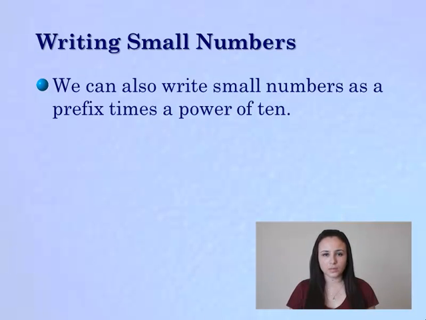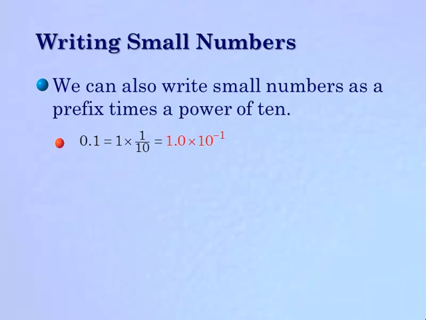Now, we can also write very small numbers in scientific notation as a prefix times the power of 10. So 0.1 is the same as 1 times a tenth, which is 1 times 10 to the negative 1.